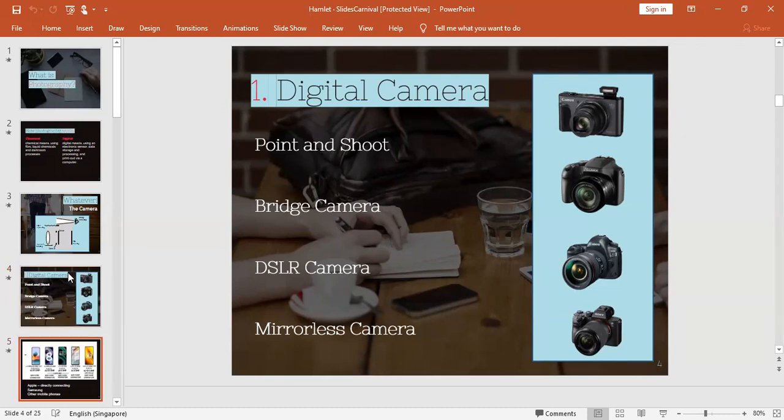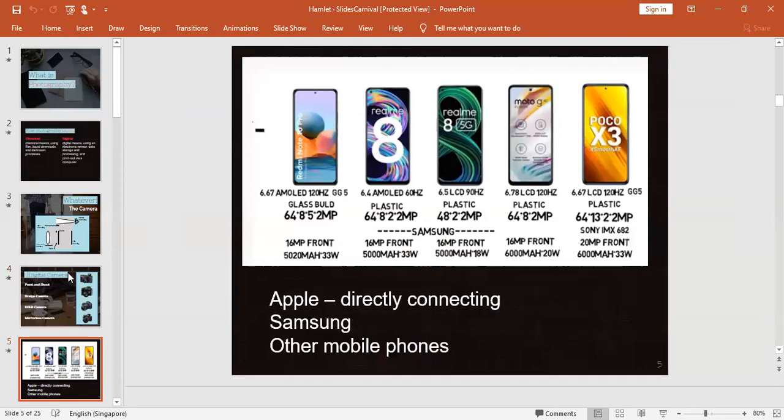And then when it comes to mobile phones, as you all know, with Apple, pixels are connected directly, and also Samsung. It used to connect pixels after getting images. In the market there are some mobiles, and I don't know which smartphone you are using.